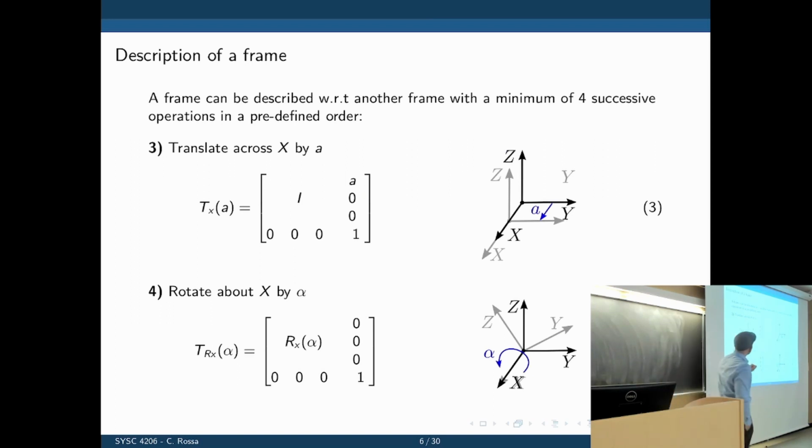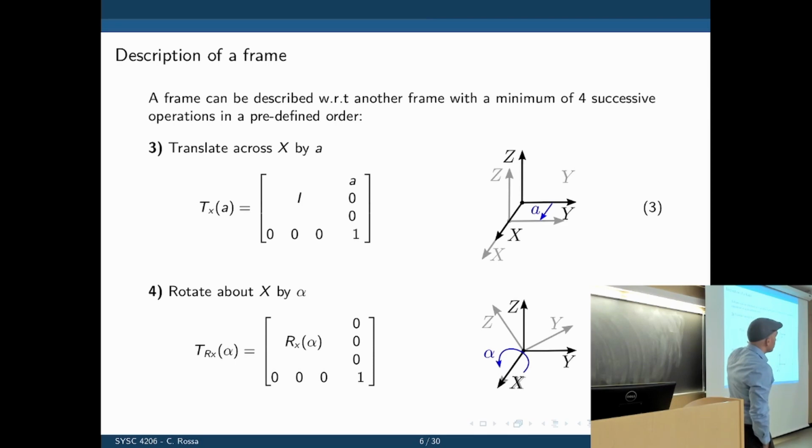And look, this will answer your question better. It's also a translation, but it's a translation now along X. So the two frames are on the plane here and taking one frame out, so I'm sliding it along X by an amount A. So you see the transformation matrix is exactly the same as before.